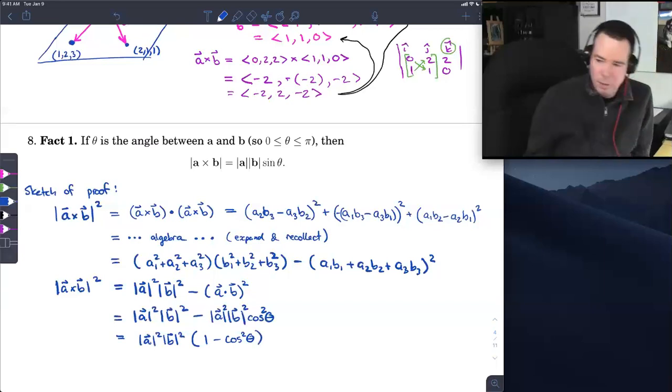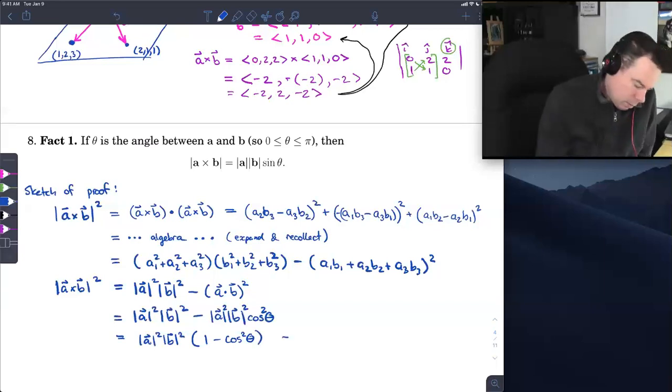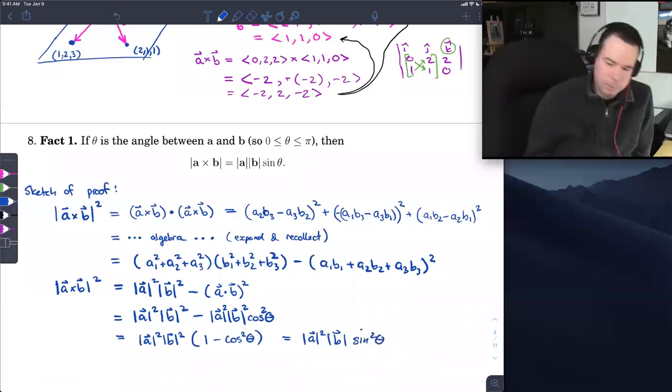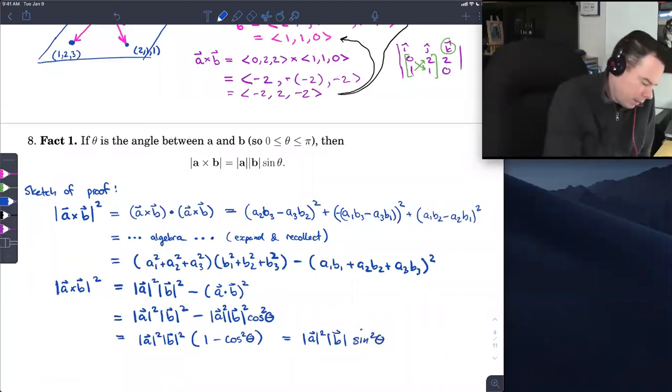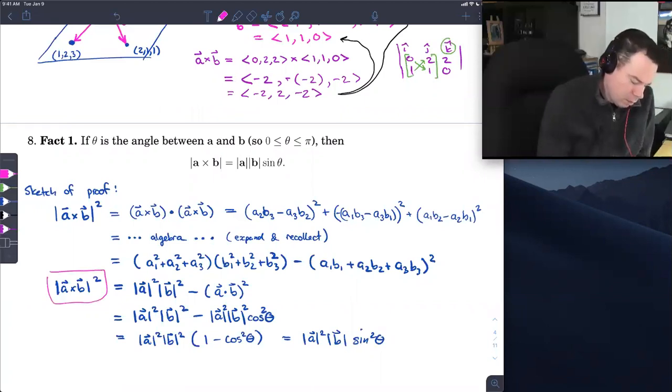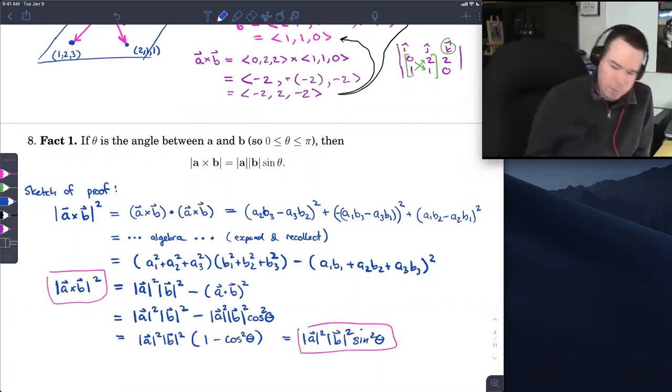And I'm left with a 1 minus cos squared, but that's a sine squared using a trigonometric identity between sine and cosine. So that becomes a sine squared theta. And so what I have is that the square of the magnitude of the cross product is equal to, oops, I dropped the square on the b magnitude, the square of the magnitude of a, the square of the magnitude of b, and the sine squared of theta.